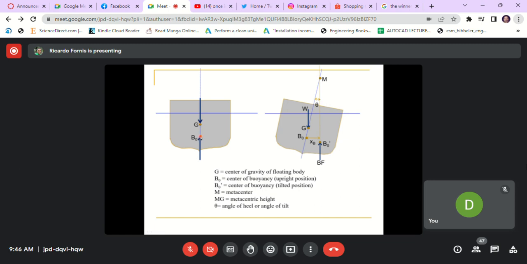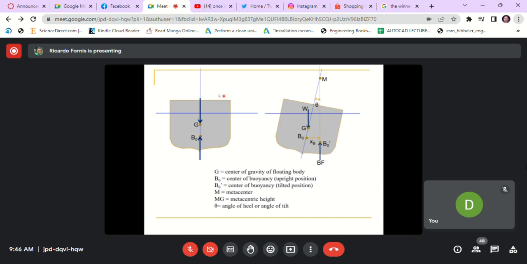Now the BO is the center of buoyancy, meaning this is the center of the submerged portion. That's where you apply the buoyant force. The weight of the floating object, you apply at point G, the center of gravity.